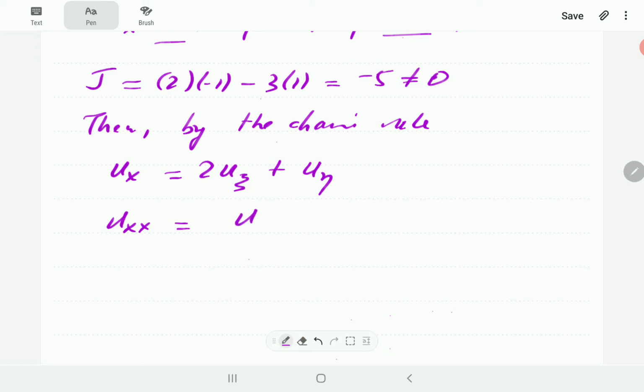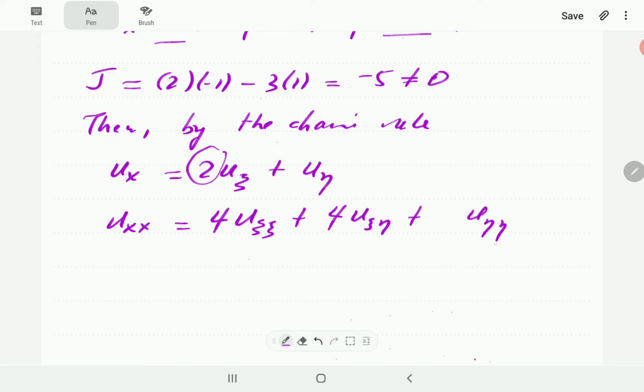So the coefficient for u_xixi is going to be the square of this, which is 4. The coefficient of the mixed derivative is going to be 2 times this number times that number. It's going to be 2 times 2 times 1, so that is going to be 4 as well.